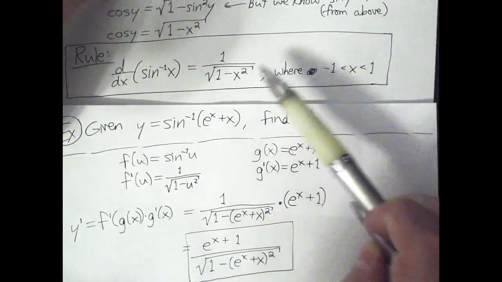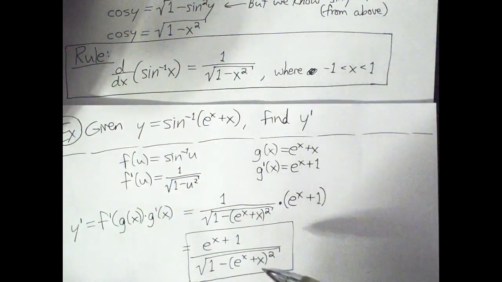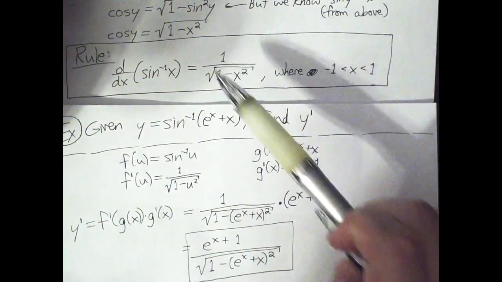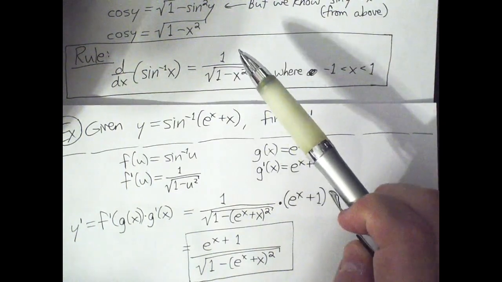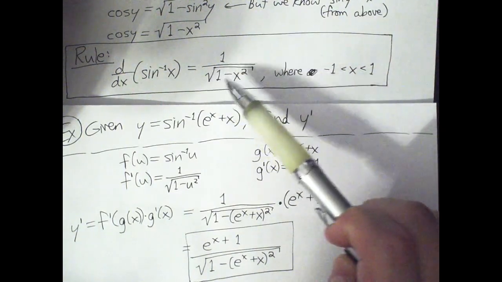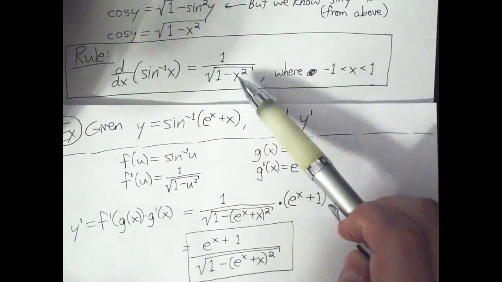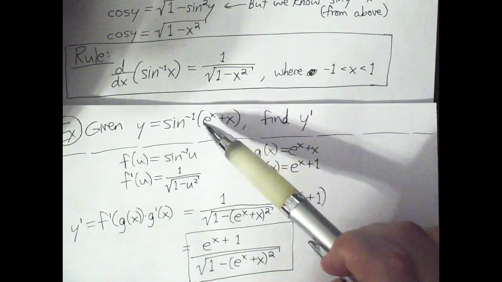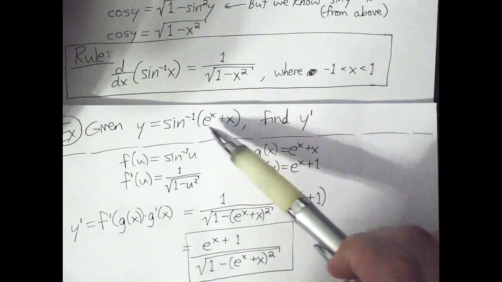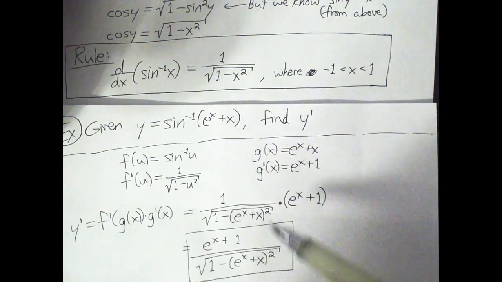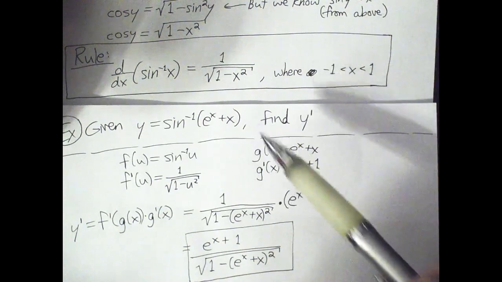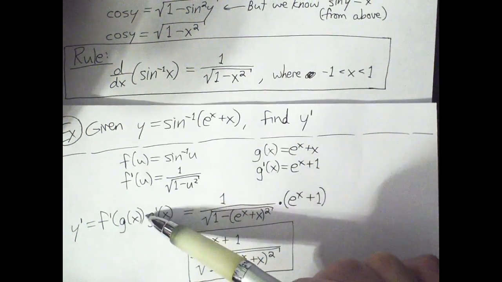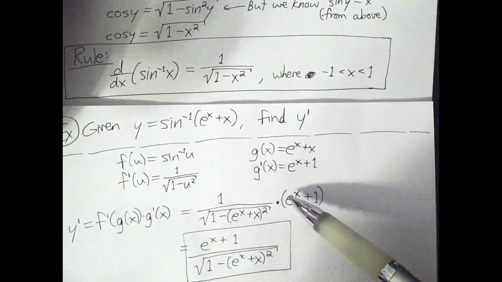It's right here. Okay, so I know fundamentally my answer is going to look something like this form. It's going to be 1 over square root of 1 minus something squared. But the something is going to be the inner function. That is what we wound up with. And then it needs to be times the derivative of the inside. That's this piece here.